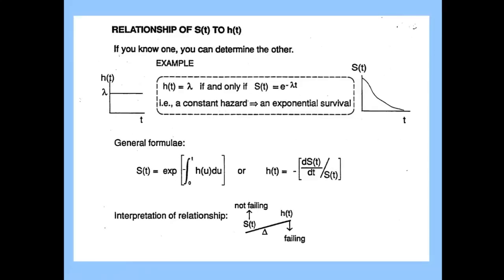Okay. Now, remember I said if you know the survival, you can get the hazard, and vice versa. So I want to say something about that. There's a mathematical formula which tells you how you can get the survivor curve from the hazard function, or how you can get the hazard function from the survivor curve. You see this formula?